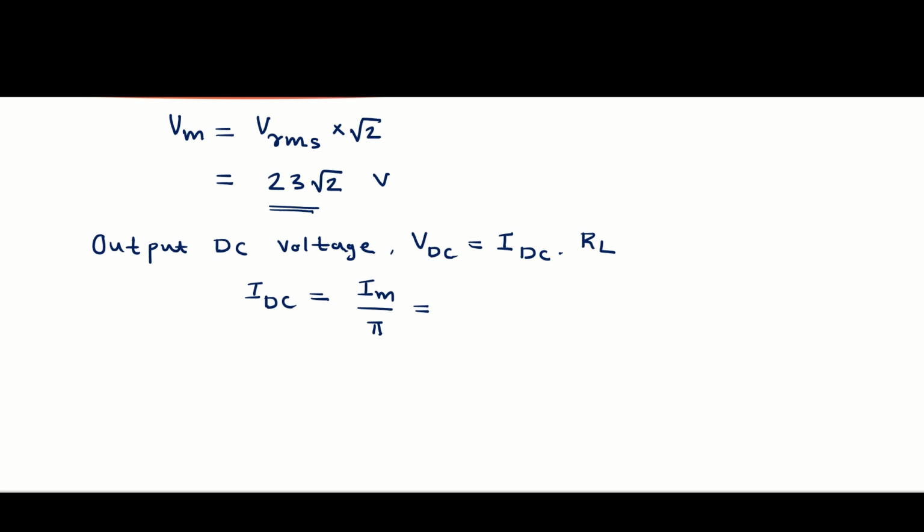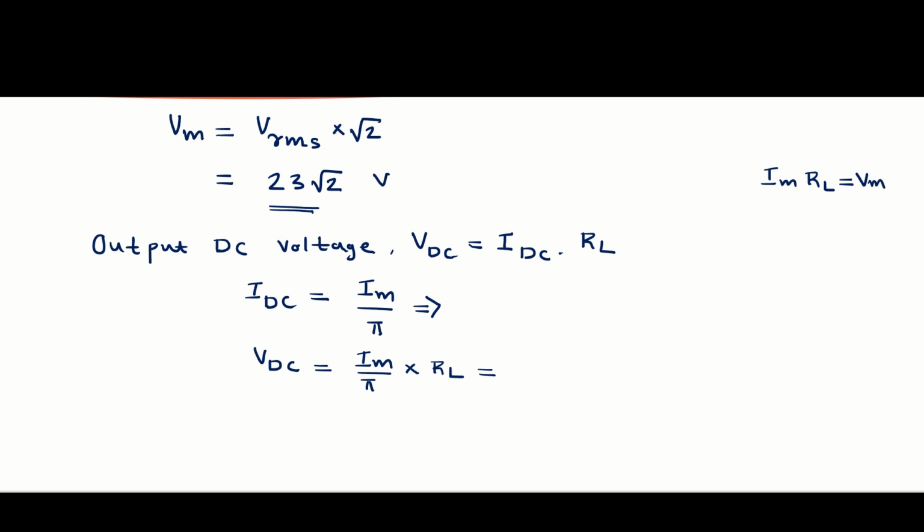Substitute the value of IDC into the VDC equation. So I can write VDC is equal to Im by pi into RL, where Im into RL is Vm.